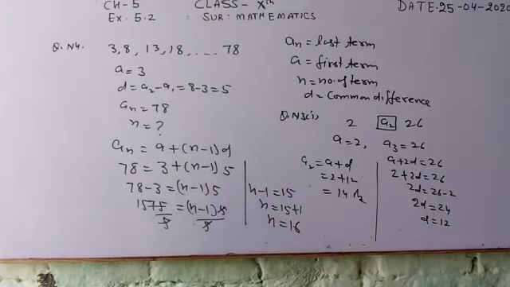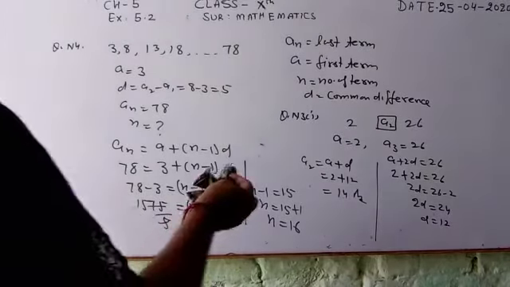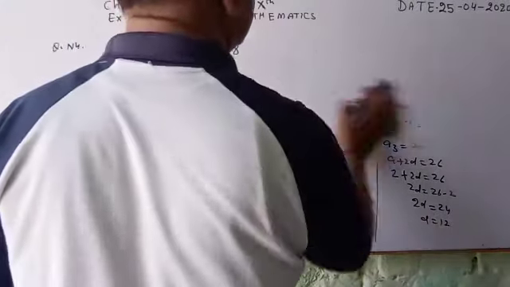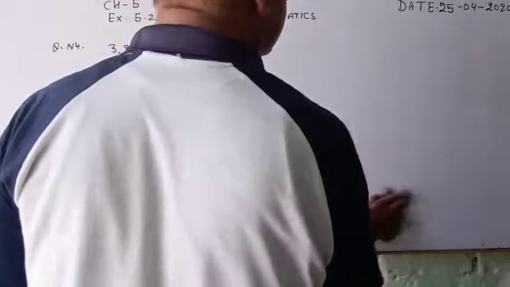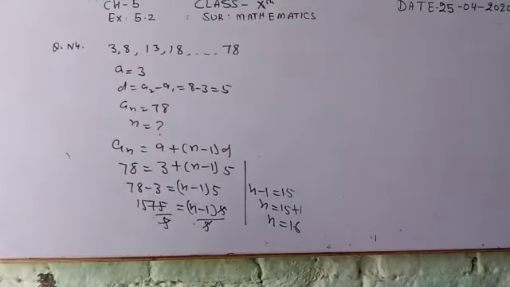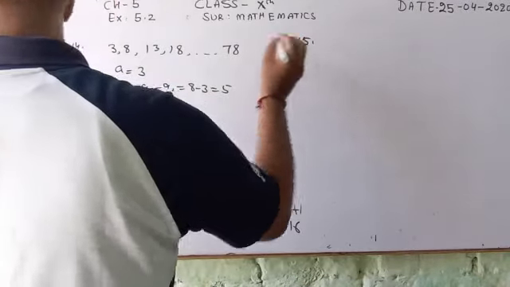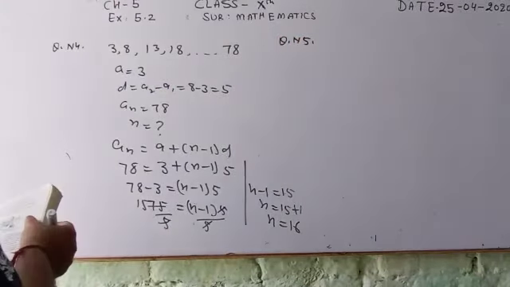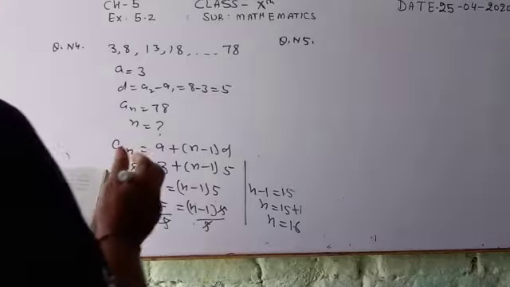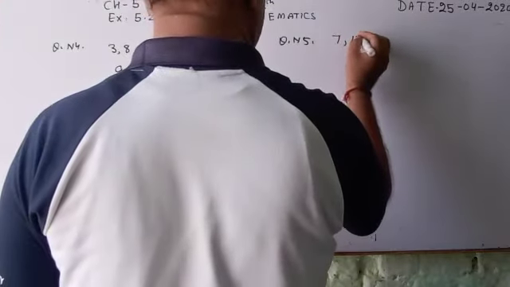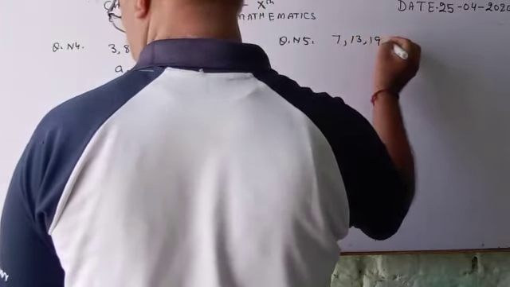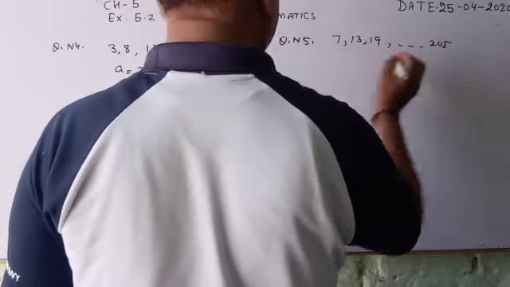So students, we are taking question number 5. Find the number of terms in the AP 7, 13, 19 up to 205.